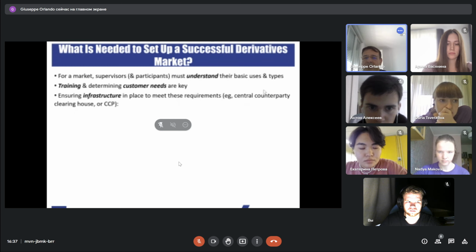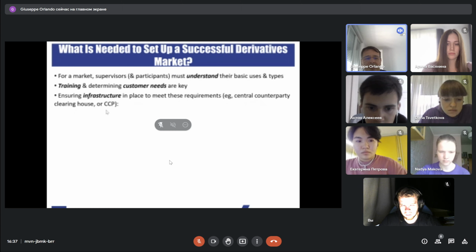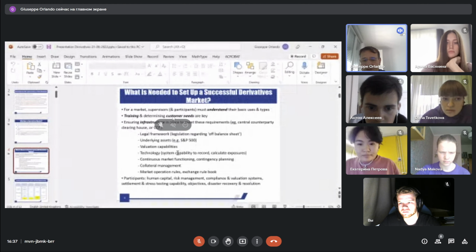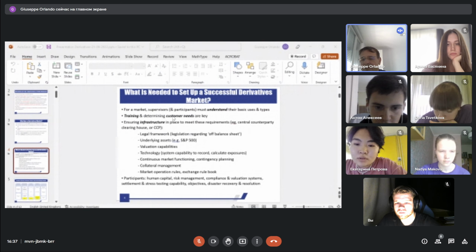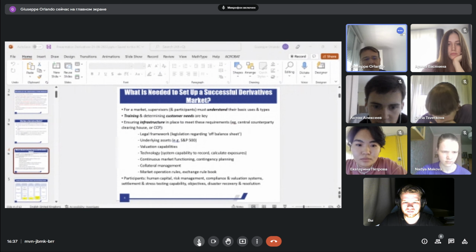For example, we already mentioned this: central counterparty, clearinghouse, and CCP. I guess that we already mentioned this when we had this discussion. Do you remember what a clearinghouse is?